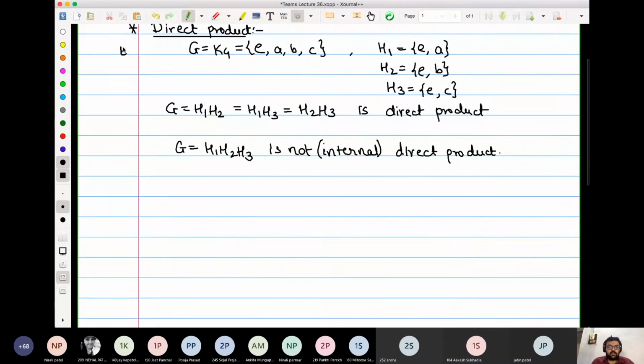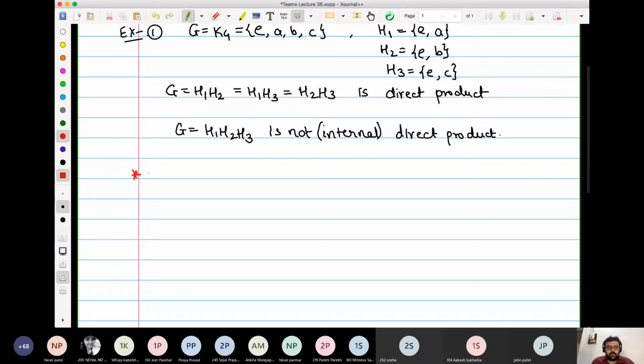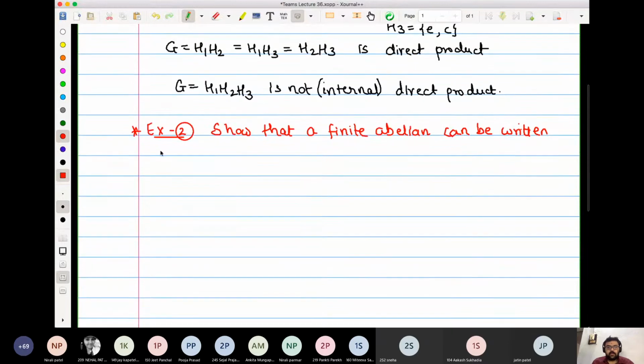And as another example, so this was example one, and another example I forgot to give as exercise, but I've already given for assignment. So show that if G is an abelian group, it can be written as a direct product of its Sylow subgroups.